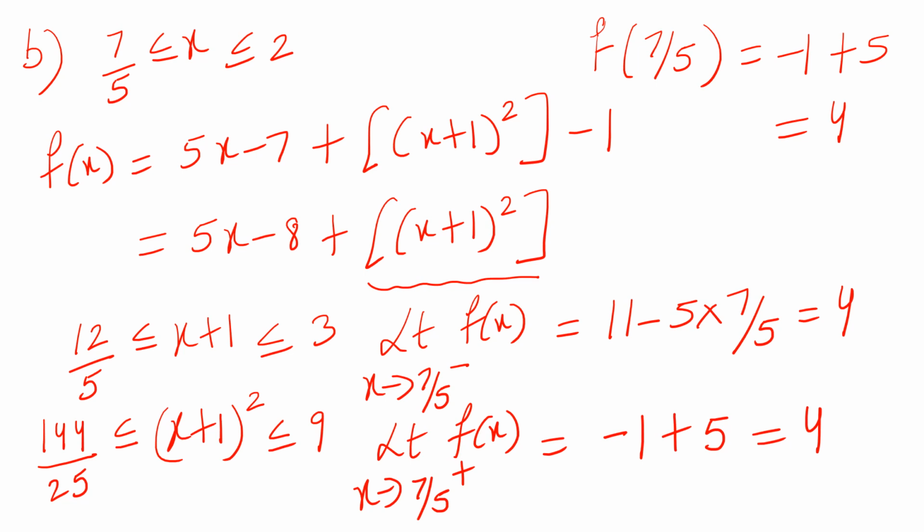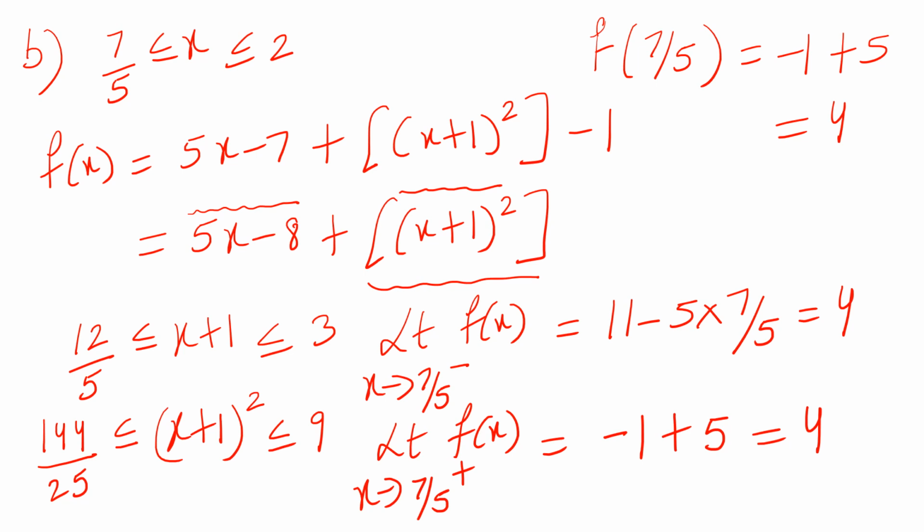Now, students, the second point is that for this particular interval, 5x - 8 and (x + 1)², both of them are increasing functions of x, right? So that means obviously this function will attain its maximum value when x is equal to 2 for this particular interval, right? And the minimum value for this function occurs at x = 7/5.